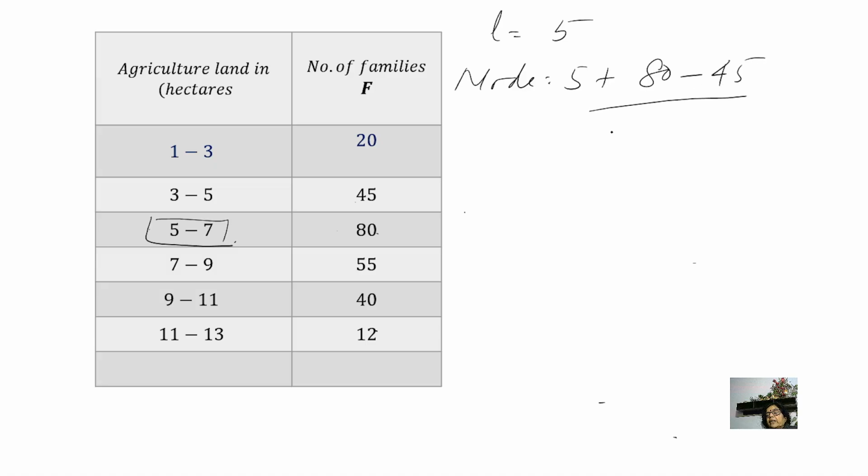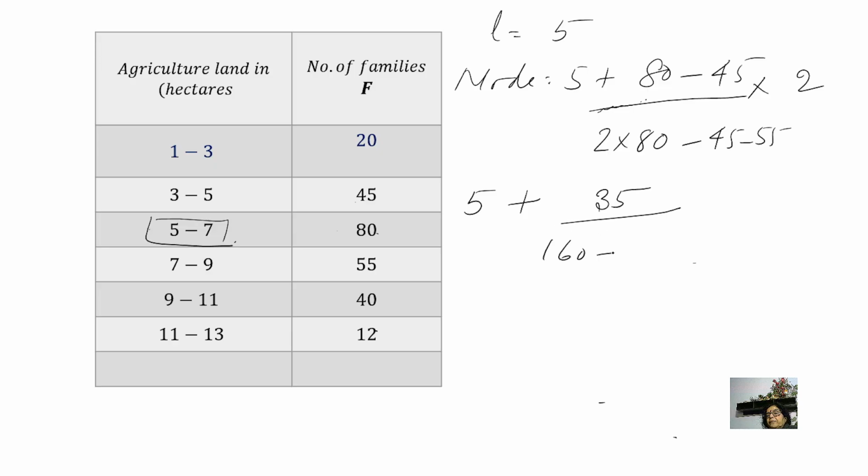Then 2F1, that makes it 2 into 80, minus F0, that is 45, minus F2, that is 55, into the class interval, that is 2. So this becomes 5 plus 80 minus 45, that is 35. This denominator is 160 minus 100 into 2.